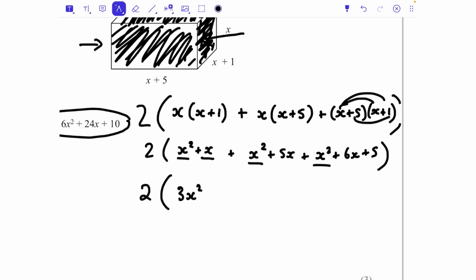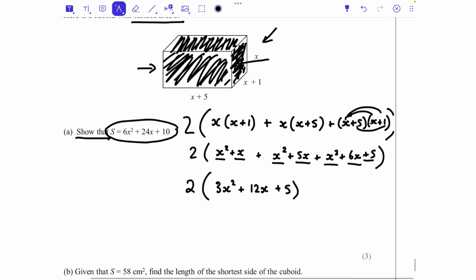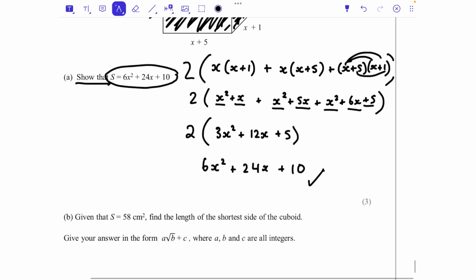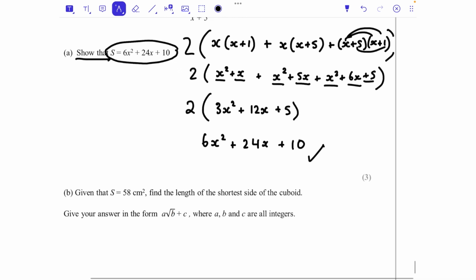I've got an x, I've got a 5x, and I've got a 6x, so that's add 12x all together, and then I've got plus 5. And if we double that, we get 6x squared add 24x, add 10, just as they asked us. So we'll give that a tick and say, yep, I'm happy we've got what you wanted.